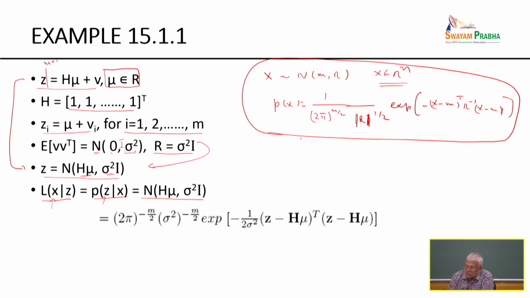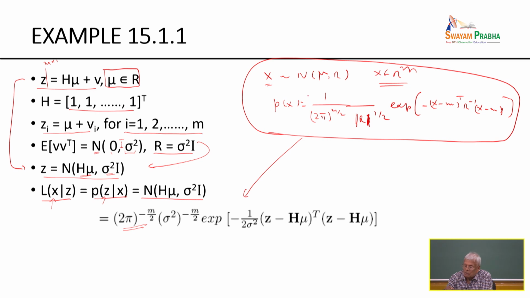So using this, you readily see 2 pi to the power m by 2. Let me change this m to mu, sorry, I don't want to confuse. So x is a random variable with mean mu and variance R, and x is the m-dimensional random variable.